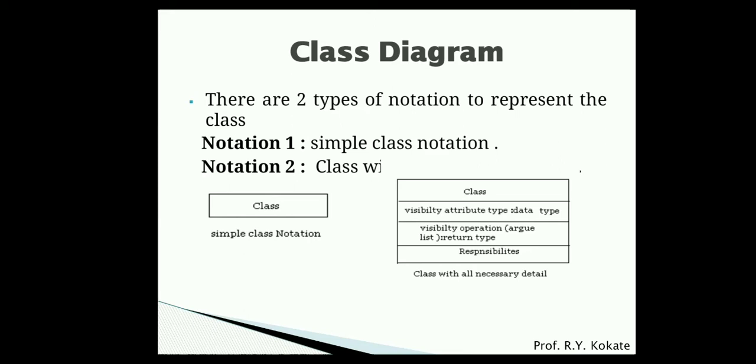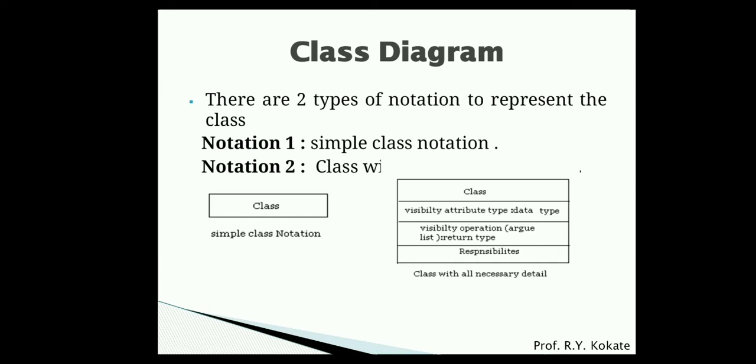There are two types of notation to represent the class. First notation is to only write down the name of the class. This is our first method. Second method, class with all necessary details. That means the box is divided into four sections.